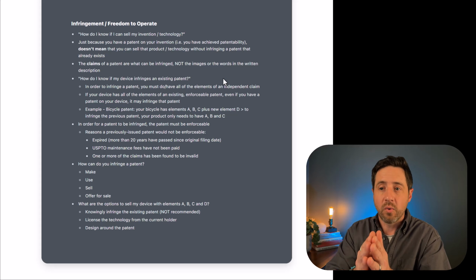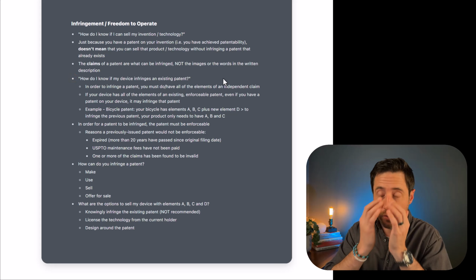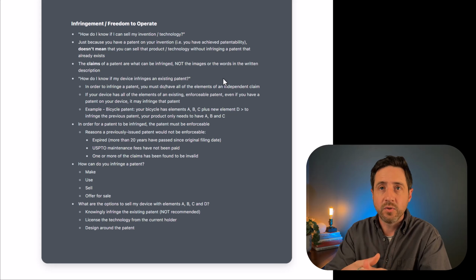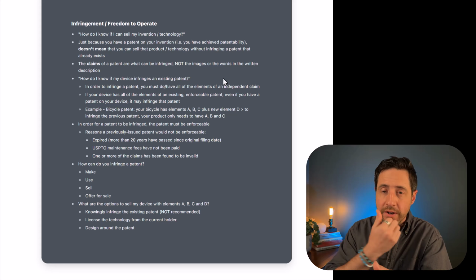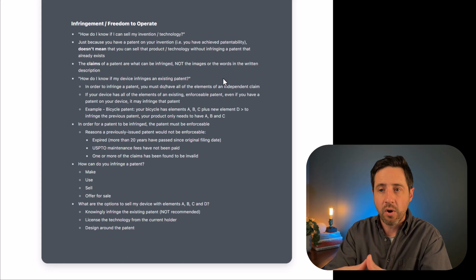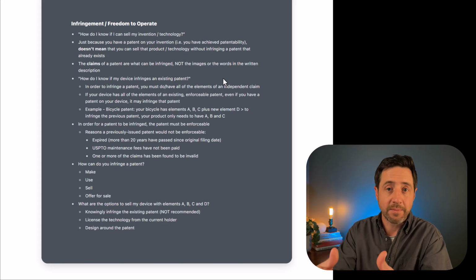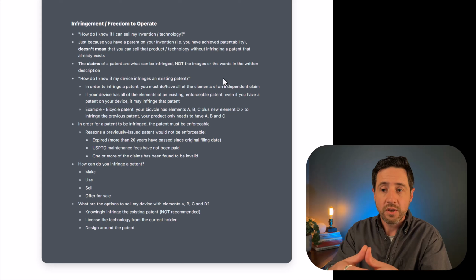So in order to infringe a patent, your technology or your product has to do or have all of the elements of one or more of the claims of that patent. In the example of the bicycle that we just used, you would have elements A, B, and C of that patent that was already out there.